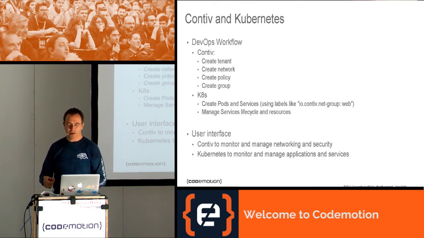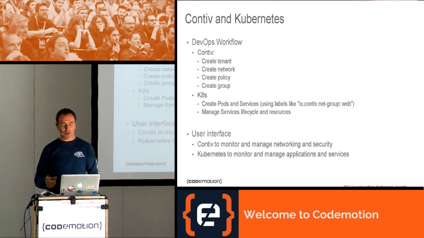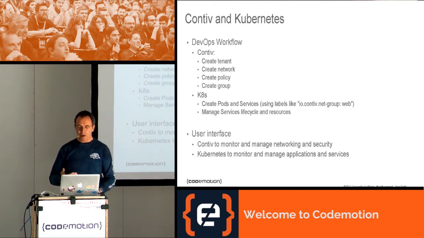The link is made through labels. So when you deploy a resource in Kubernetes, you can apply a label to that resource, either if you do that from the command line or from the user interface or from a YAML file. So if you mention a group in Contiv in the labels, that deployment will happen within the group.